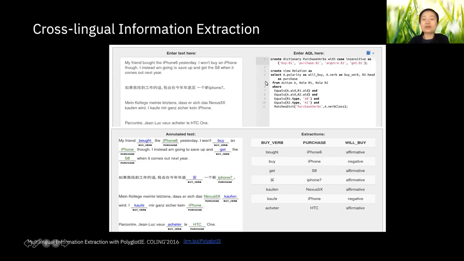I can write only two very simple statements where I'm looking for a sentence that contains the purchase verb, and then I want to return A0 and A1. Then I can identify the purchase relationship, right? Or the buy verb, and then what they purchase, and whether the intent is affirmative or negative.